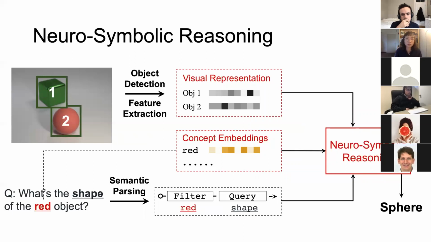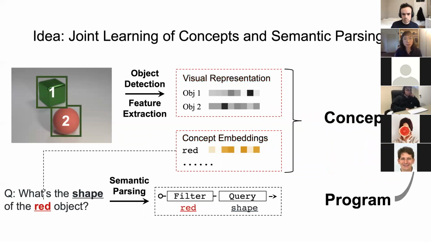During training, we use the ground truth answer as the supervision and a backpropagation process as the training algorithm to train these visual representations and also concept embeddings. So now we have seen how, based on the recovered program, we can learn visual concepts. Now we look at how the learning of visual concepts can facilitate parsing new sentences.